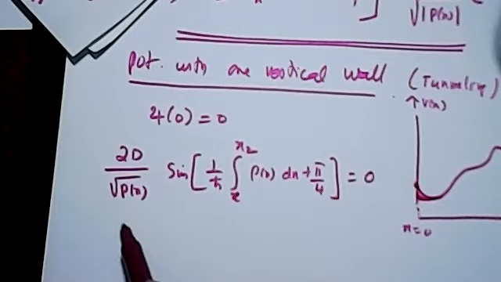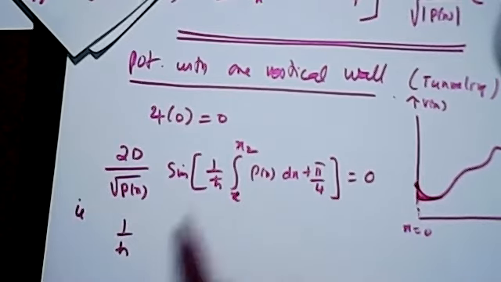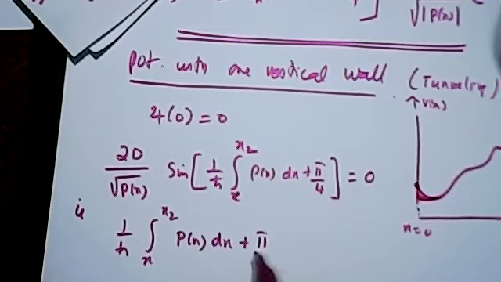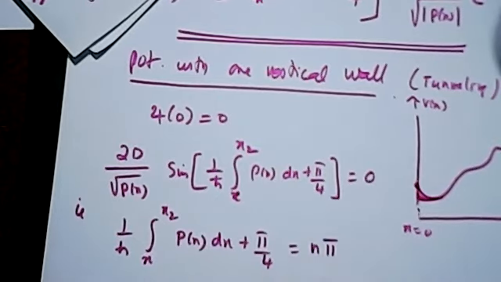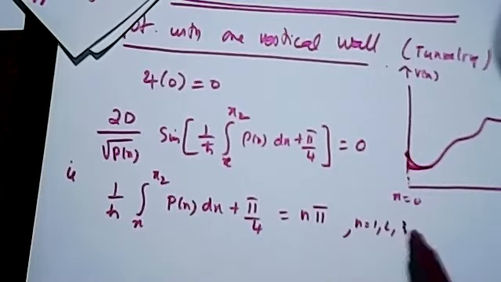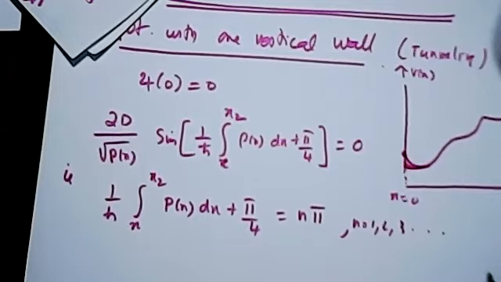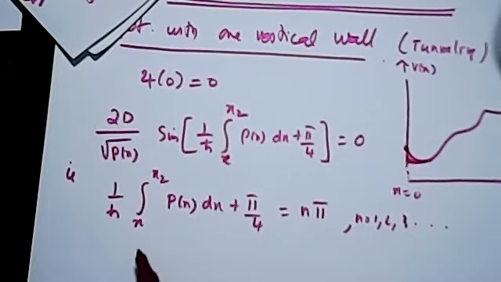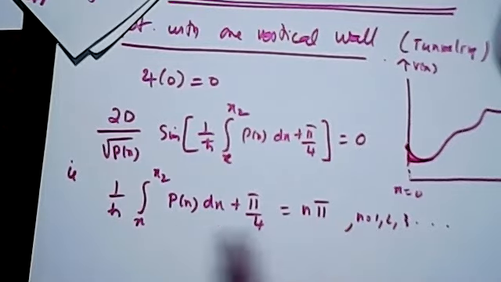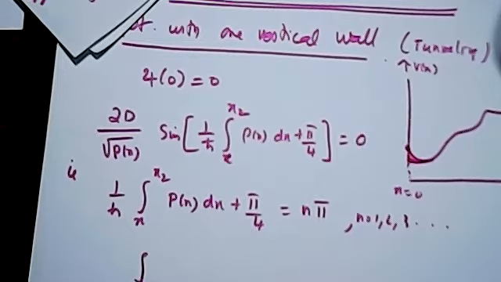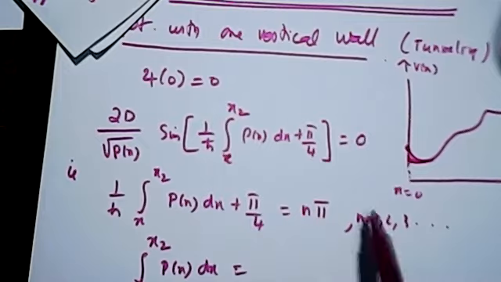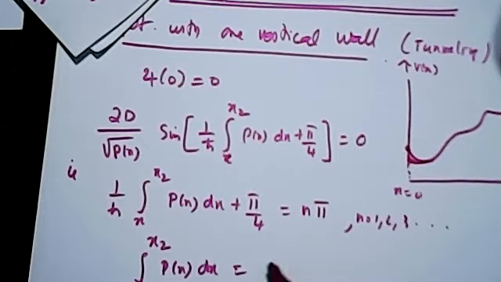So we can write 1 by h cross integral x2 p of x dx plus pi by 4 equal to n pi, where n is an integer 1, 2, 3, etc. So we can write, let this h cross go to the other side, then integral 0 to x2 p of x dx equal to n pi h cross minus pi by 4.